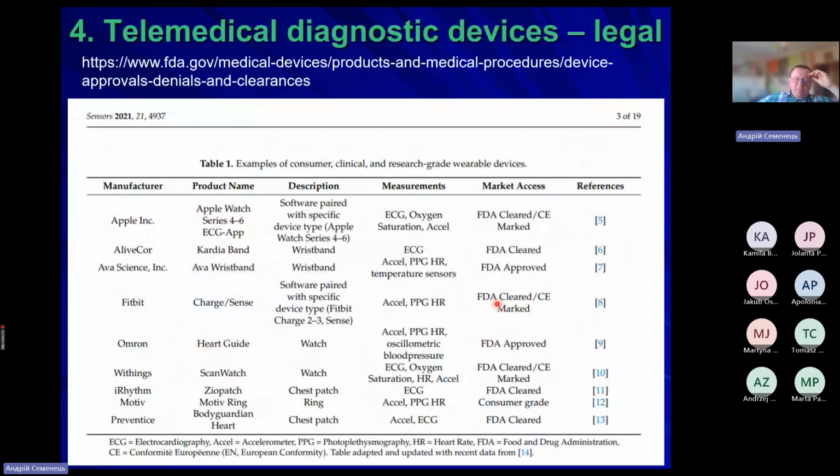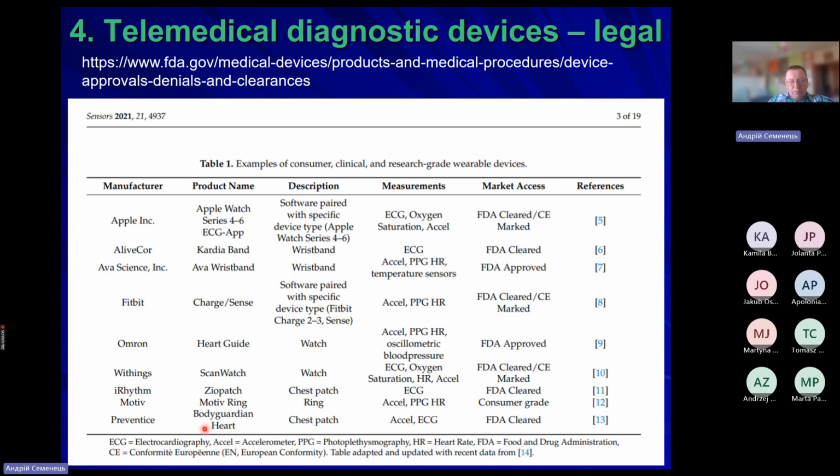The only, in fact, limitation you have to keep in mind, and actually we are already out of time, is legal. So here is a slide from COVID time. You see that only a few devices had been listed there as diagnostic devices.